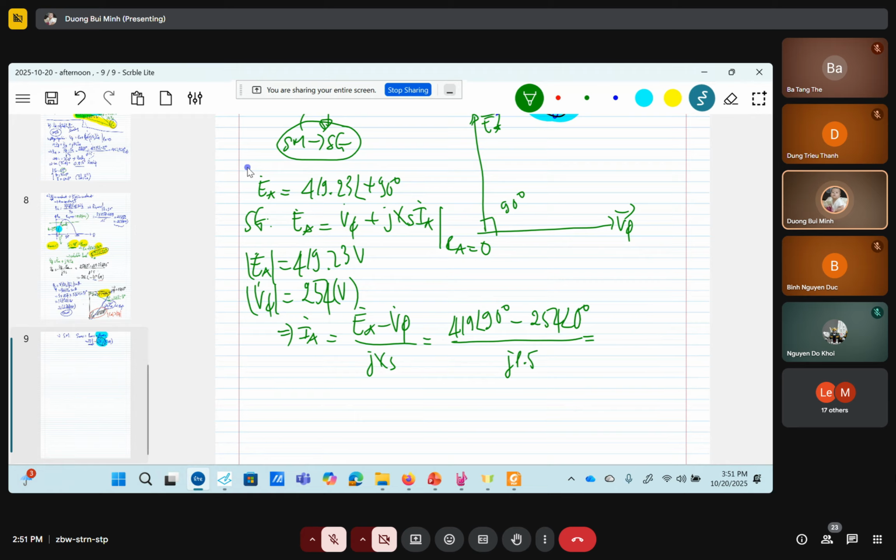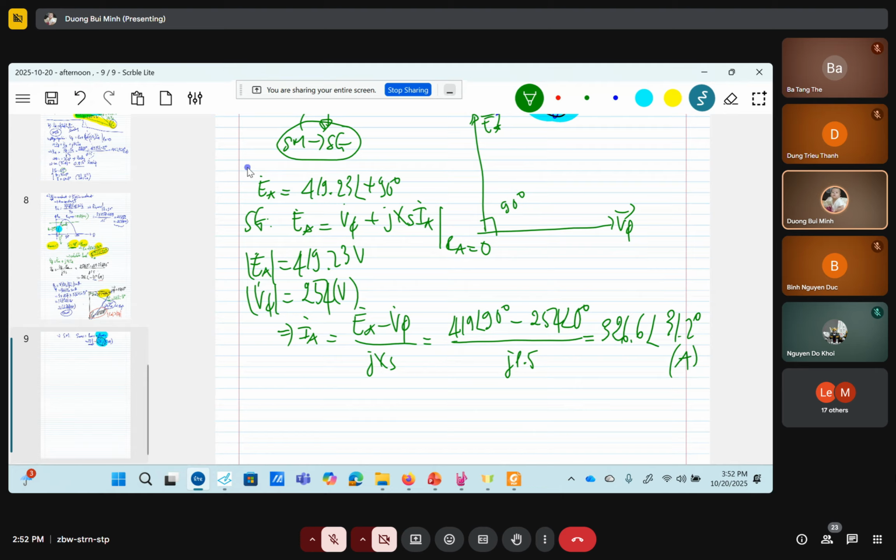So you get 419 with 90 degrees minus 254 with 0 degrees divided by 1.5 j. Okay, so we get 326.6 with 31.2 ampere, right?